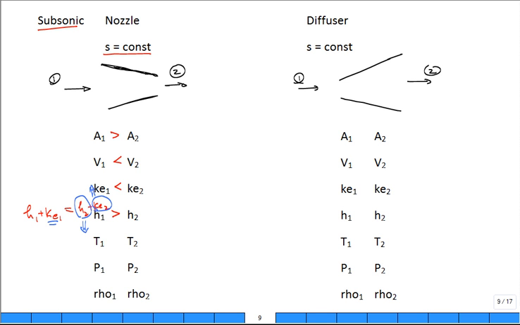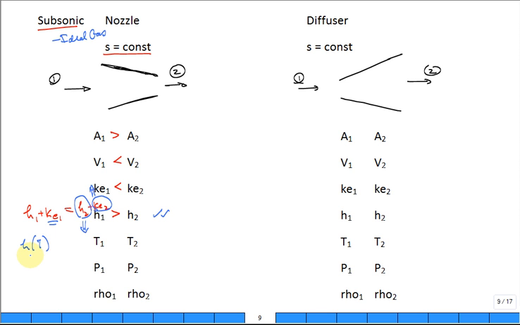Is this correct? Yes. Temperature. Well, what principle do we use? We know that there's a property when we talk about ideal gases, and I forgot to say this is an ideal gas, then H is a function of temperature only.